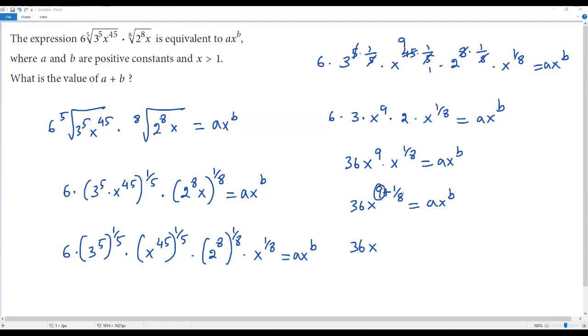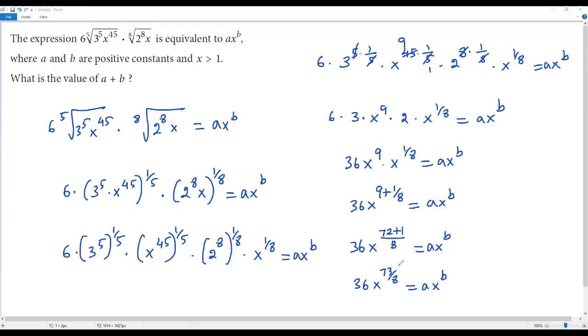When I multiply 9 by 8, 9 times 8 is 72, plus 1. So now 36 times x to the power of 73 over 8 equals a times x to the power of b.